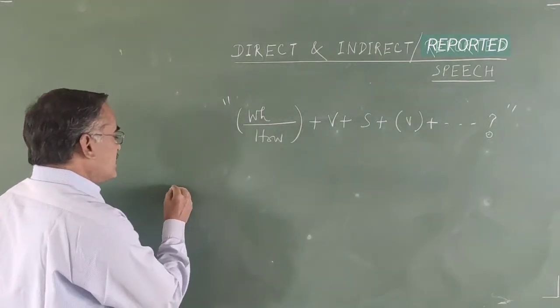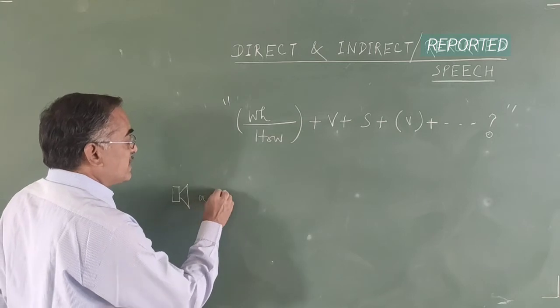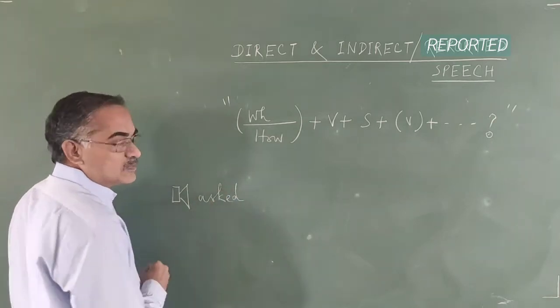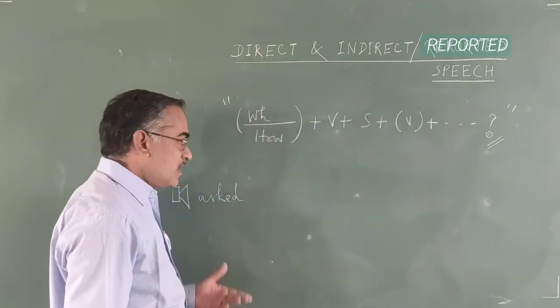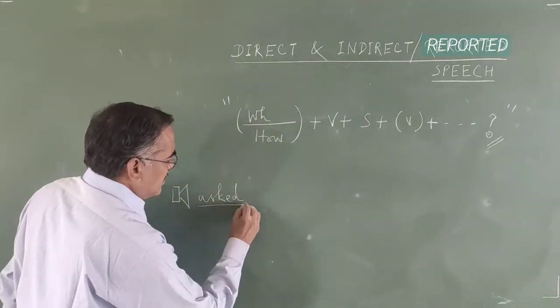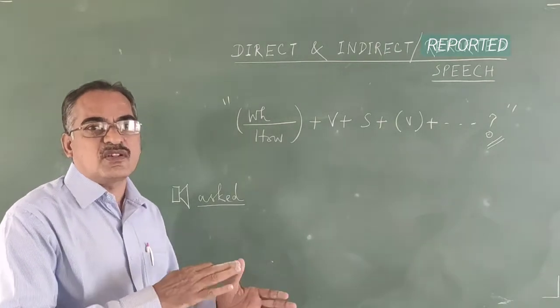So, we should write the speaker, after that we should write asked, because it is a question. It may be replaced with some other suitable words depending on who is talking to whom.